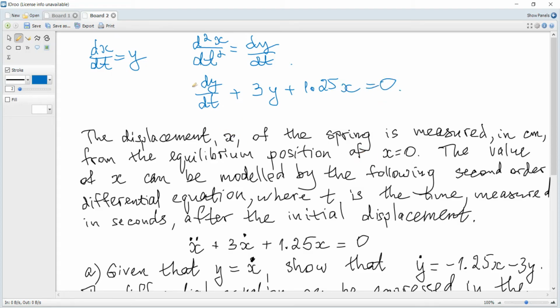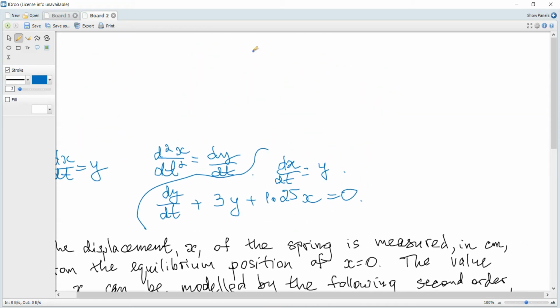Together with dx over dt is equal to y. And what can we solve? We can solve like this: dx over dt, dy over dt is ax plus by, cx plus dy.